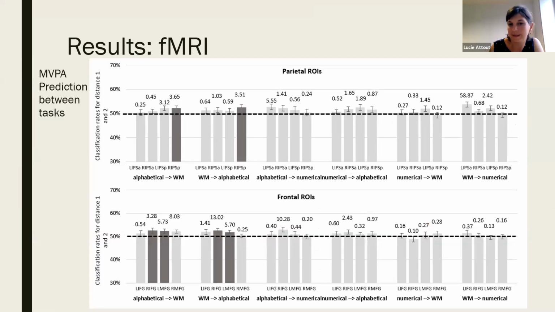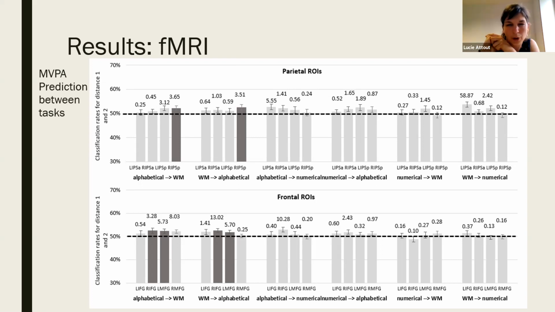A more interesting analysis to answer our original question is the prediction from one task to another. So the idea here is to see if the classification between the two distances, distance 1 and distance 2, in one task could predict the classification between these two distances in another task.